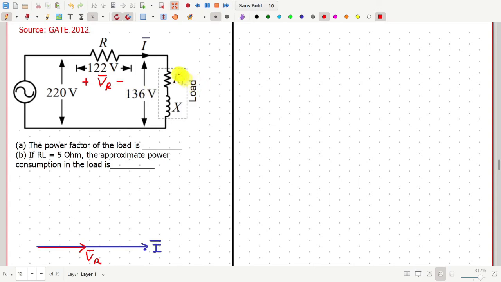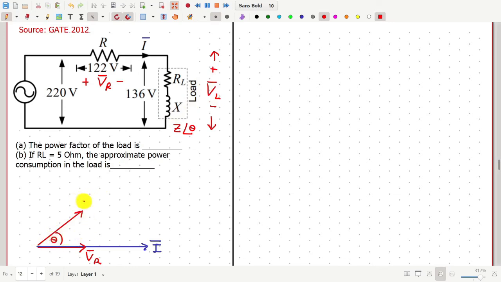Then suppose the voltage across this load is VL bar, plus minus, from here to here. And if the impedance of this load is Z angle theta, then this voltage VL bar will be here at an angle of theta.